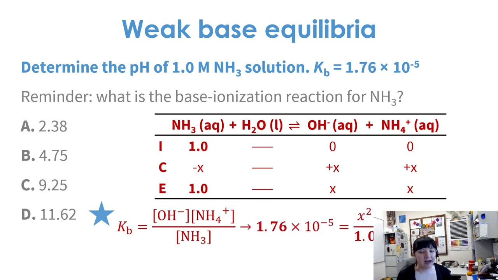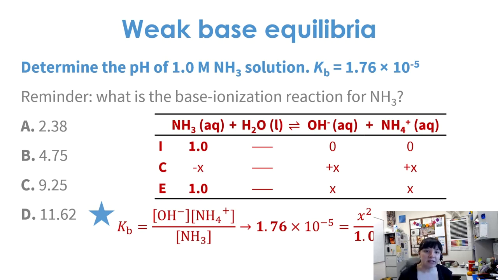When we apply our ice table and the Kb value that's given to us, we can solve this very simply algebraically and find that the value of X is equal to 0.0042 basically. And so this X value right here is both our concentration of NH4 plus and OH minus.